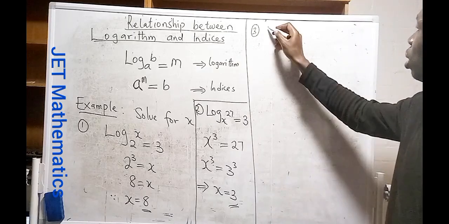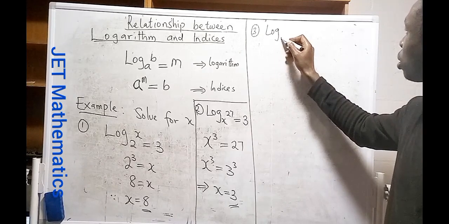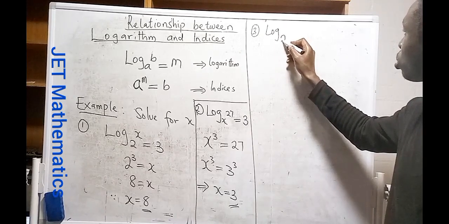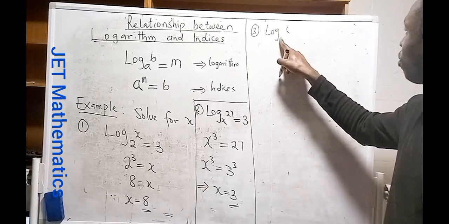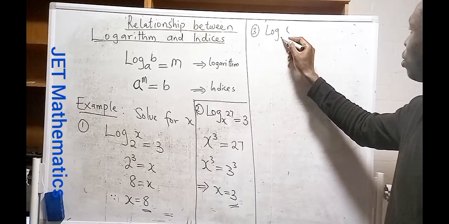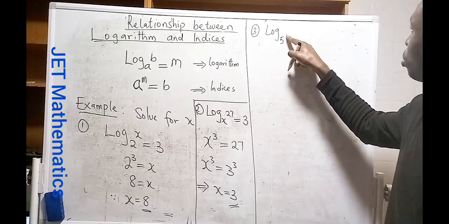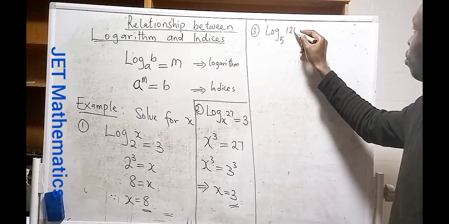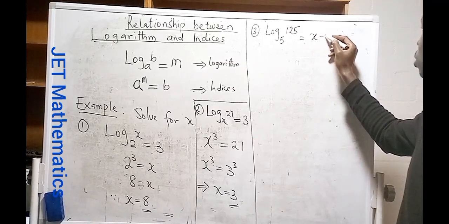Let's say this is log 125 to base 5 is equal to x minus 1.